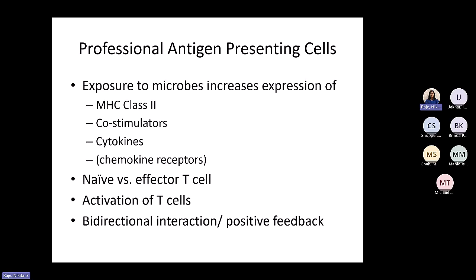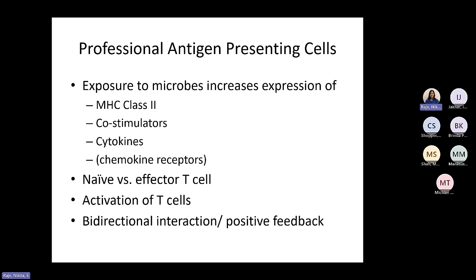Their job is to present these antigens to the T cells, and in those terms it needs certain weapons, certain machinery to do their job. And so they need the class II MHC molecules, they need co-stimulators, they need cytokines, which they're going to use to activate the T cells, and they will need the chemokine receptors. So once they get their exposure to microbes, they are going to increase this machinery in the cells.